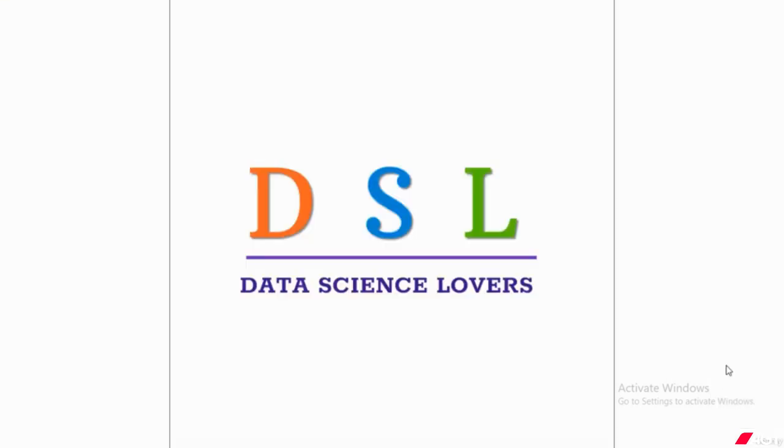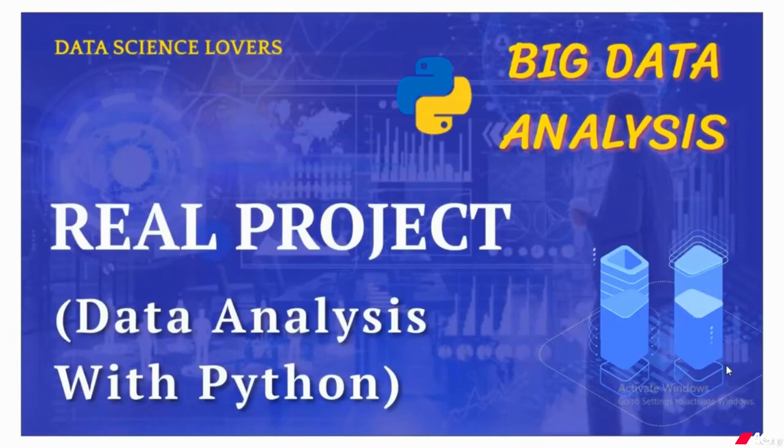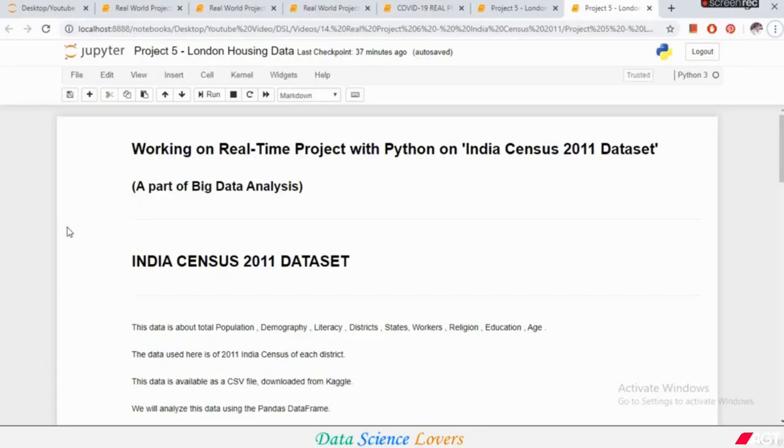Hello friends, welcome to our channel. Today we will do real-time analysis of one more big data with the help of Python. The dataset we have chosen today is the India Census 2011 dataset. This data is about the total population, demography, literacy, districts, states, workers, religion, education and age column.